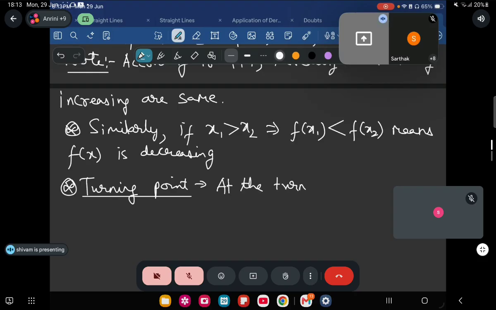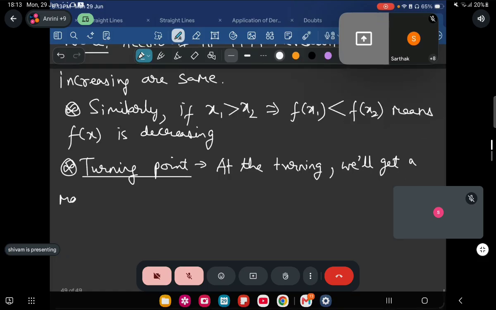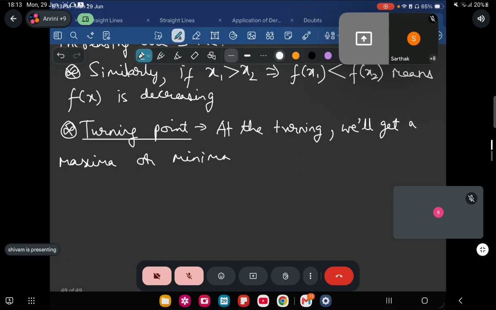At the turning point, by the name itself, you can understand that you'll get a maxima or a minima, right? You either get a maxima or a minima.